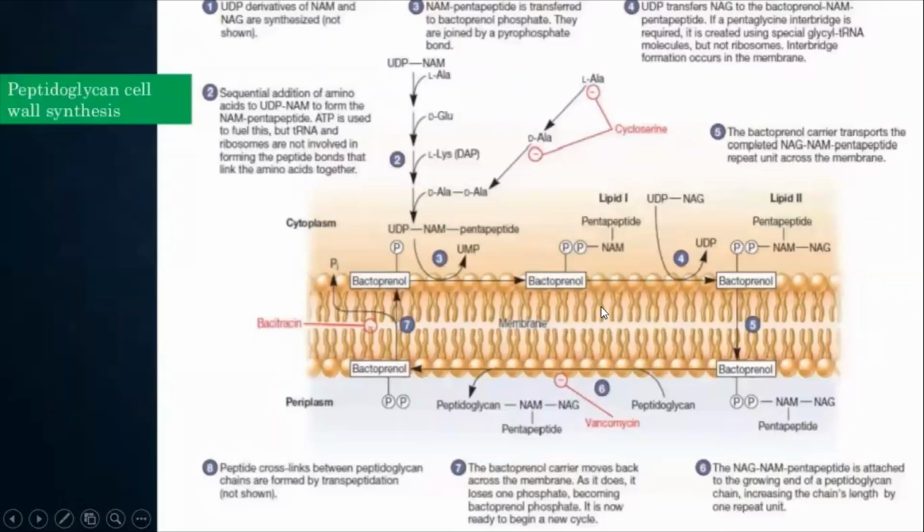Now this is the peptidoglycan cell wall synthesis. Okay, it is a little tricky, but till now nobody has asked a question based on the peptidoglycan synthesis, but it is always better to know how the antibiotics are attacking. Okay, how they are playing an important role.